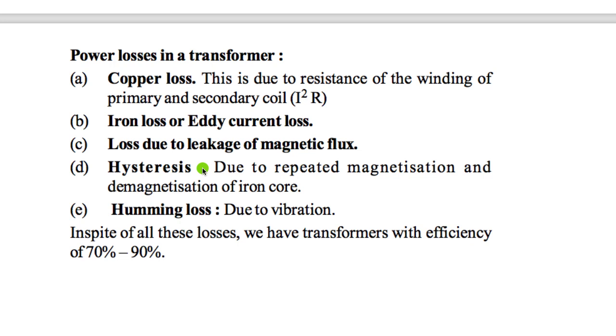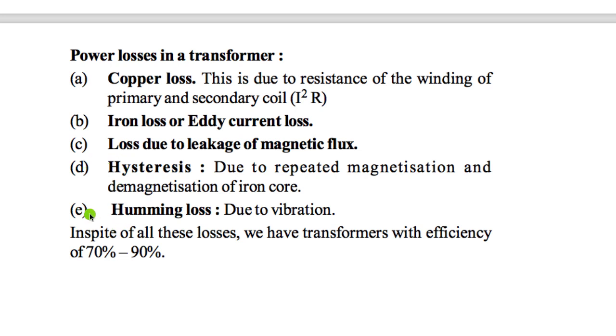This is due to the repeated magnetization and demagnetization of the iron core. Because of the varying potential, the current varies. That leads to the magnetization and demagnetization of the iron core. That is called hysteresis.